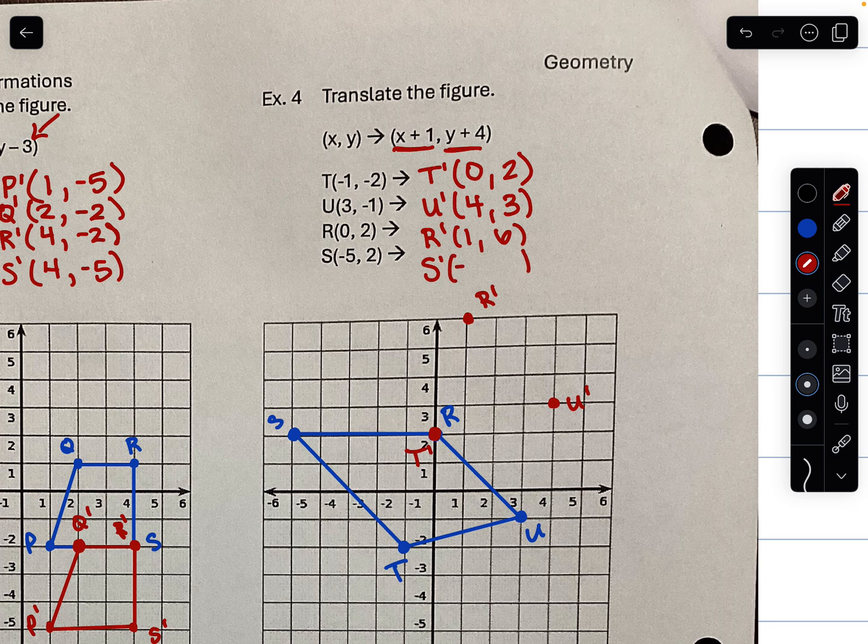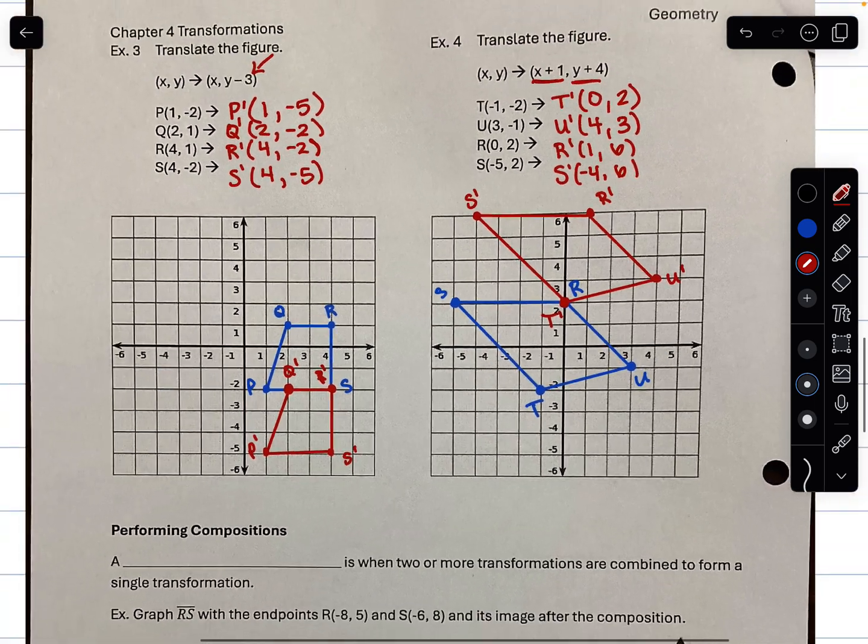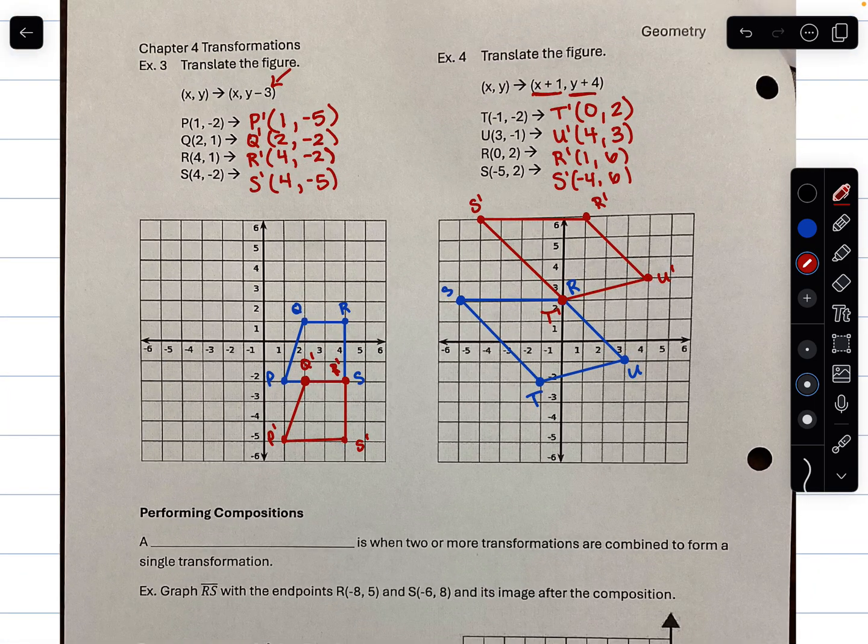Anybody? -4, 6. Okay, then we're just connecting those together. Good. Simple enough for this, yes?